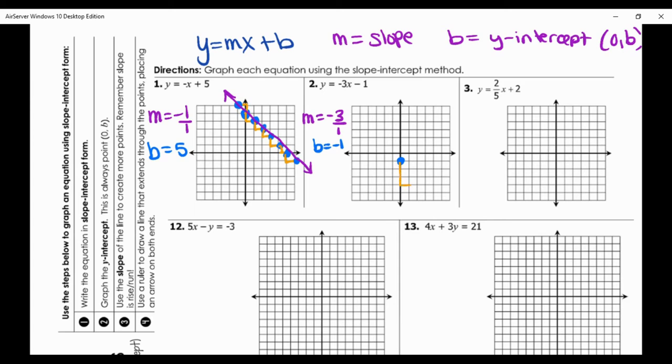And make that point. Now I can't fit any more points below that, so I'm going to continue that pattern on the top half of the graph. And for that, I'm going to move up 3 to the left 1. 1 positive direction and 1 negative direction for a negative slope.